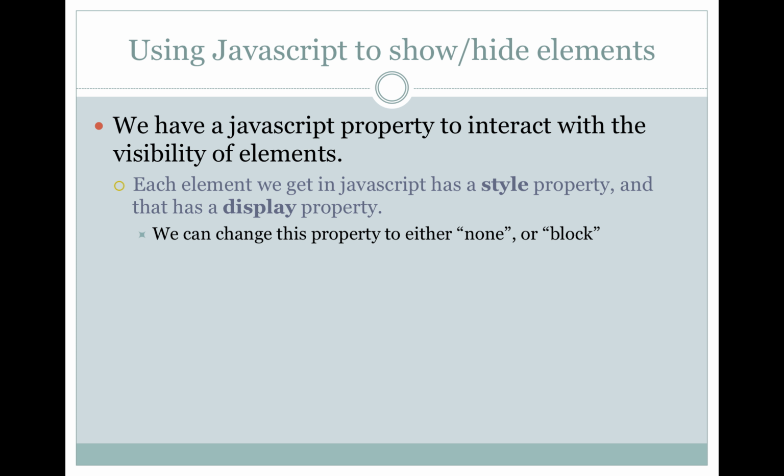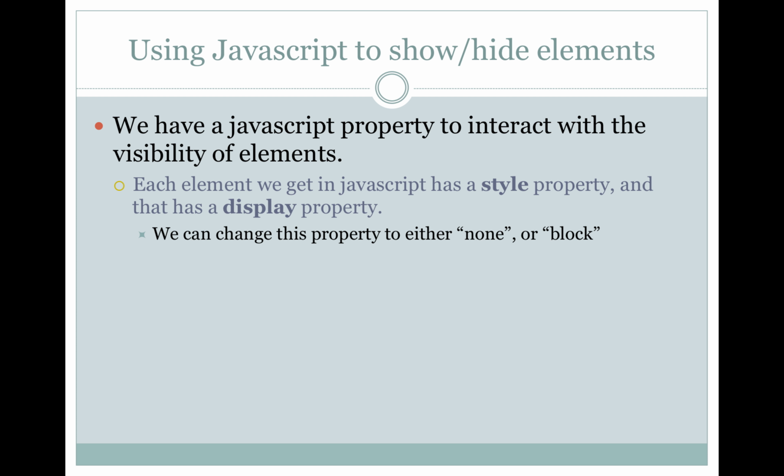And we know by default that the two ways of displaying things are either inline or block. So it either has some built-in line breaks before and after it, or it doesn't. But the display property also has a few other options. One of these is display none, which basically removes the item from being shown. And we can change that with JavaScript.